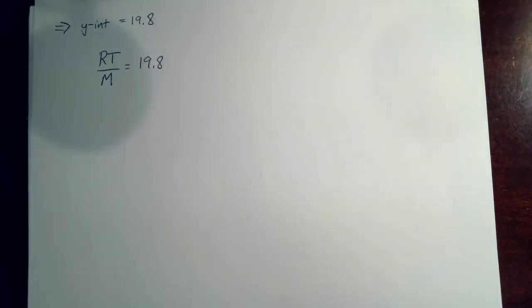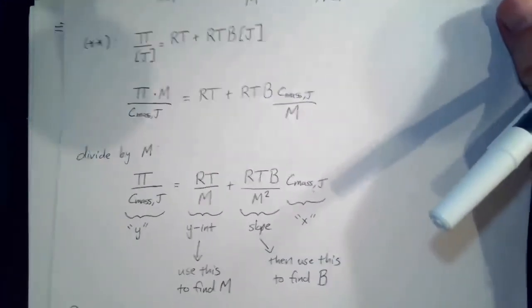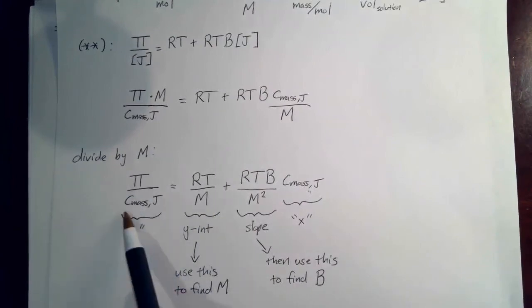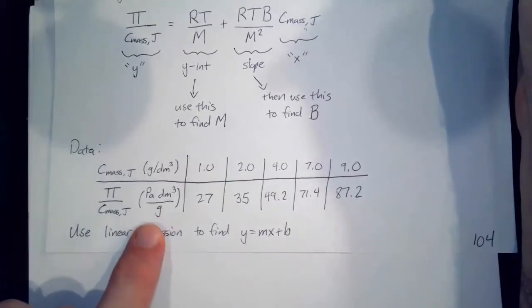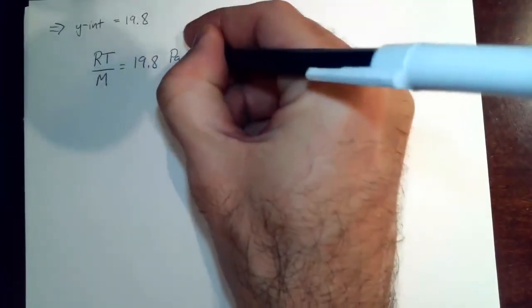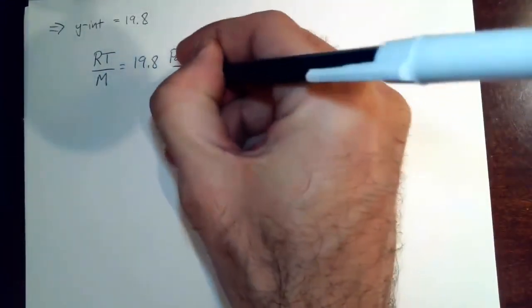What are the units? Well, the units of RT over M here must be the same as the units of this, pi over C mass. And we already determined that those units were pascals, decimeters cubed over grams. So this is pascals, decimeters cubed over grams.